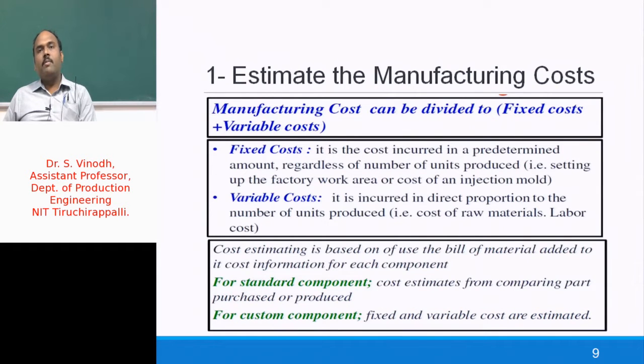It has two major elements: fixed cost and variable cost. Fixed cost is concerned with the cost incurred in a predetermined amount regardless of the number of units manufactured, whereas variable cost is the cost that is incurred in direct proportion to the number of units produced.